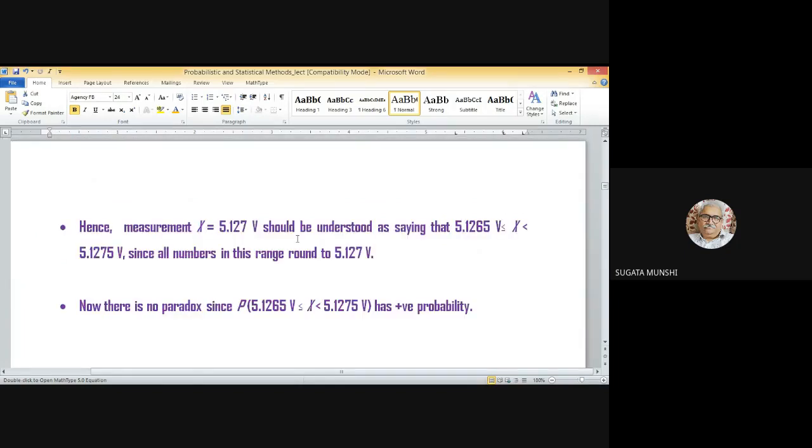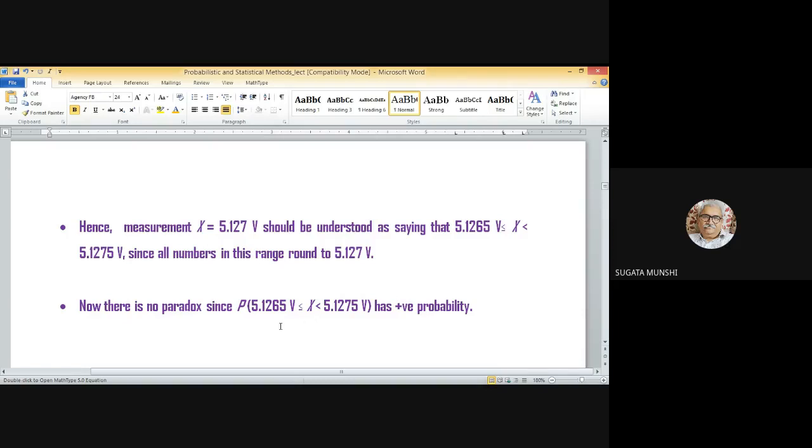All the values that X can assume in this range will be rounded off to 5.127 volts, because this voltmeter cannot read beyond 3 places of decimal. So as such, there is no paradox, because the probability of X lying in this range has positive probability. It doesn't have zero probability. It has non-zero probability. So that is the interpretation.